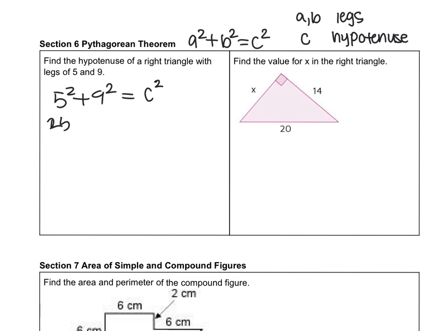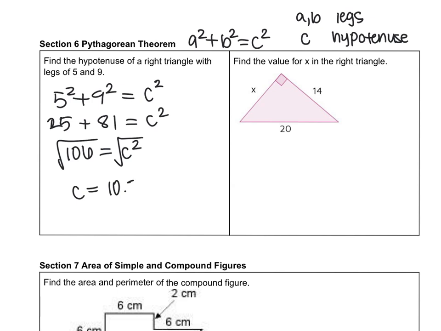So 5 squared is 25, 9 squared is 81. 25 plus 81 is 106. Then we take the square root, and we get 10.3.